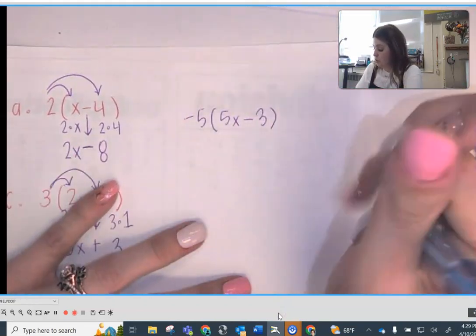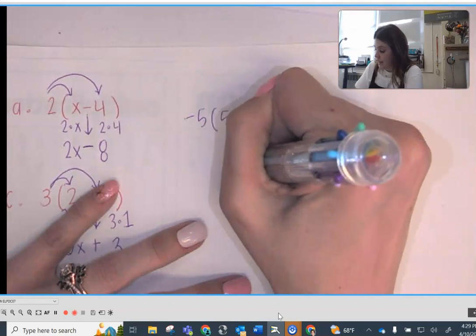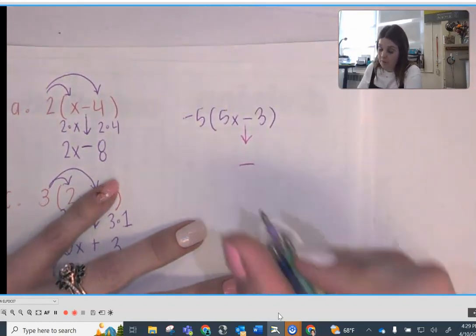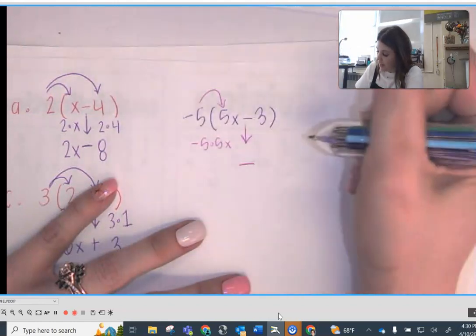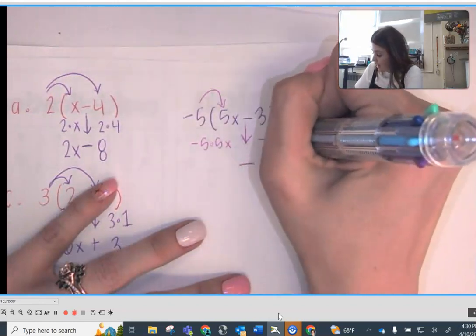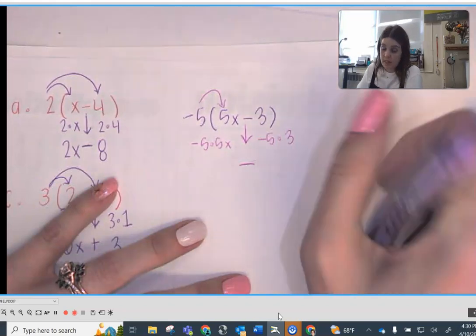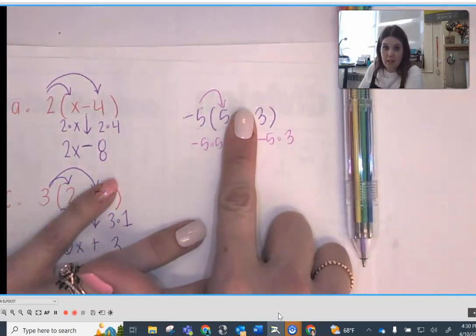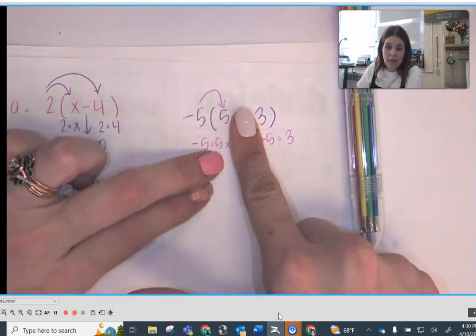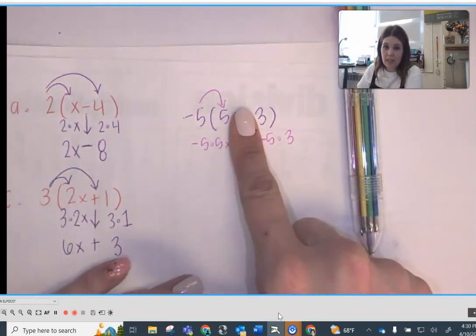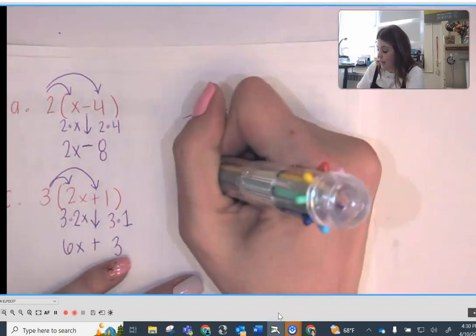I am going to bring down the negative sign. And then I am going to do negative 5 times 5x and negative 5 times 3, because I can ignore that negative now that I brought it down. Well, negative 5 times 5x is negative 25x.